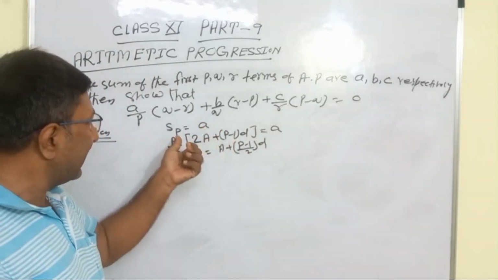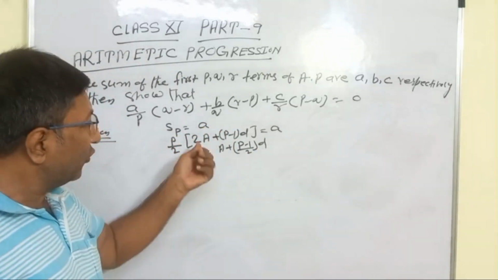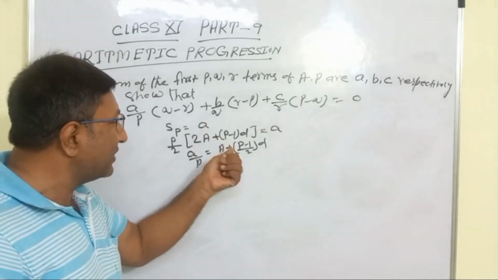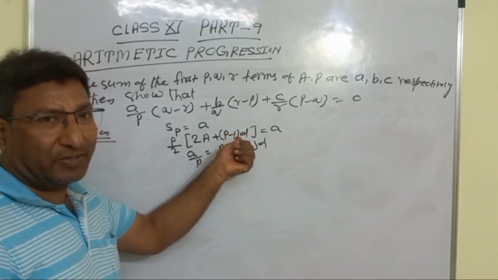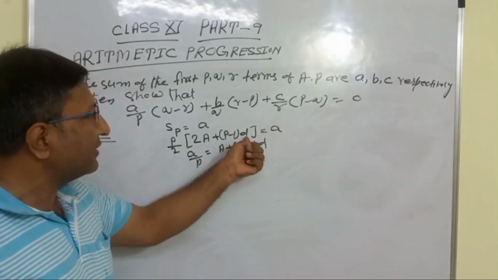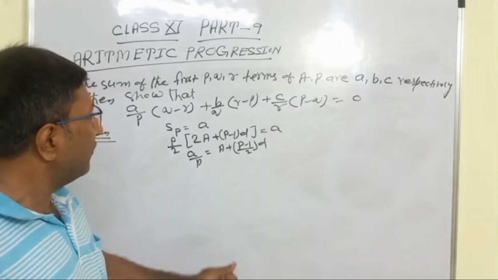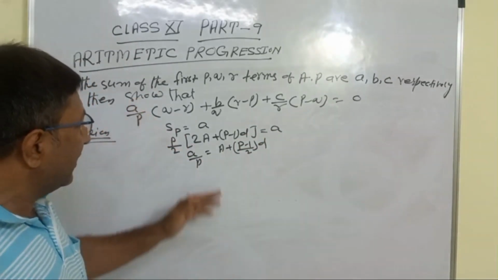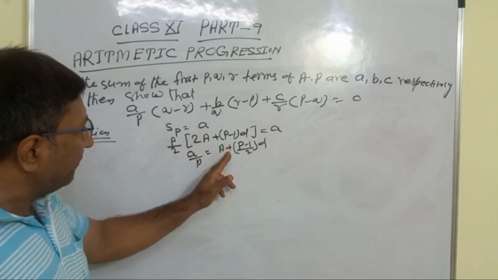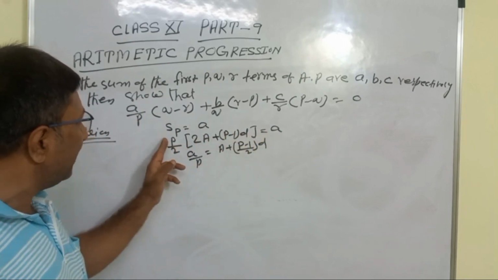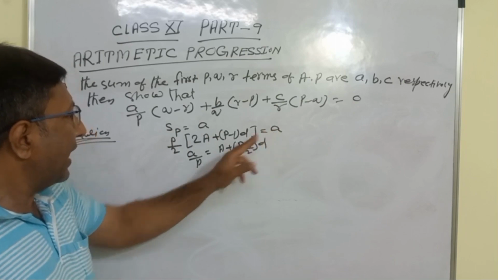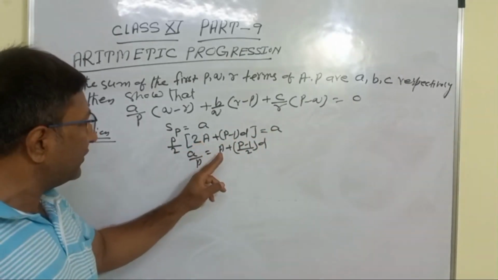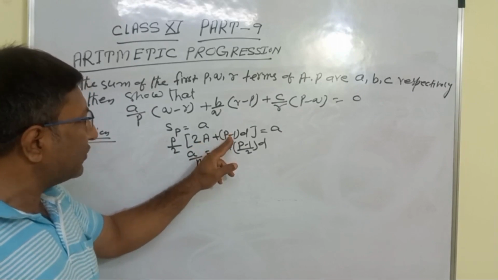So the formula is n by 2, p by 2, 2A is first term, so here the first term is A, plus n minus 1, n is p, so p minus 1. d is the common difference, this is given what? a. Now here we have to prove a by p, so first we are finding a by p. So a by p is what? A plus p minus 1, so this p comes here, a upon p. And now 2A plus p minus 1 d by 2. So 2A by 2 is A, and here p minus 1 by 2 d.